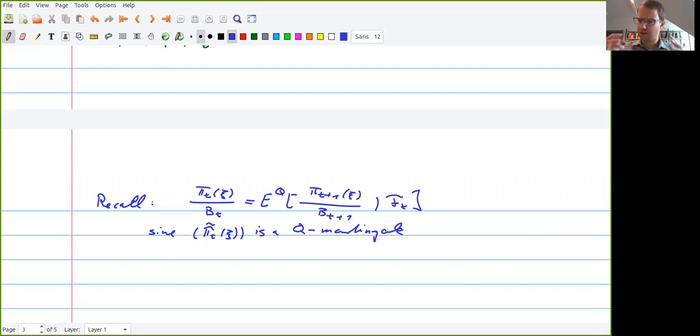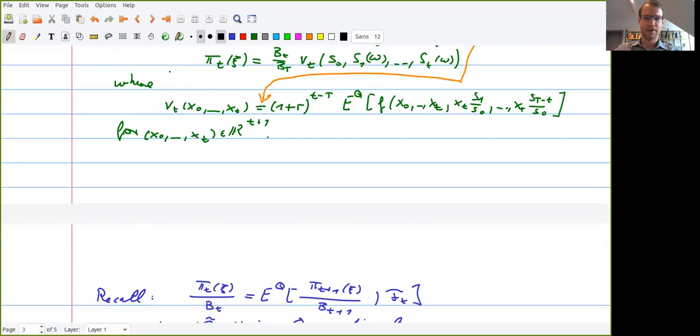This was the idea of an arbitrage-free price, that Q is also a martingale measure for the enlarged financial market where this option is traded. So you can express the value process at time t in terms of a conditional expectation of the value process at time t plus 1. Okay. Which color? I use green, sorry.